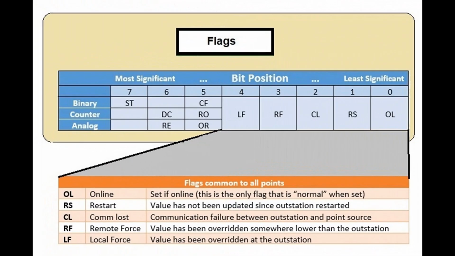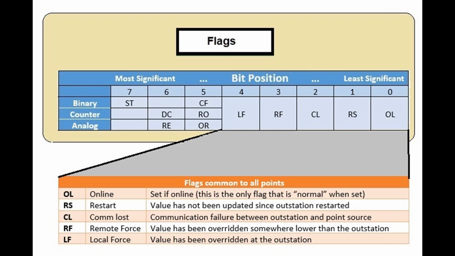Here we see flags that are common to all input points. We have the online flag, which is set if the point is online. This is the only flag that is normal when set. The restart flag is set when the value has not been updated since the outstation has restarted.